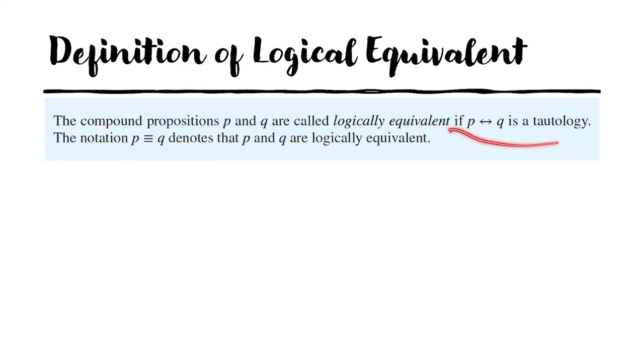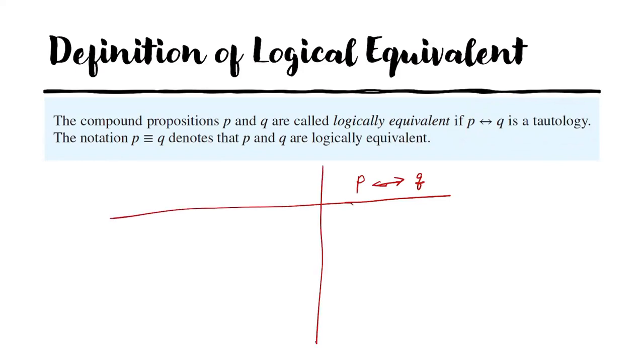Now, let's look at when P if and only if Q is a tautology. That means all its truth values need to be true.